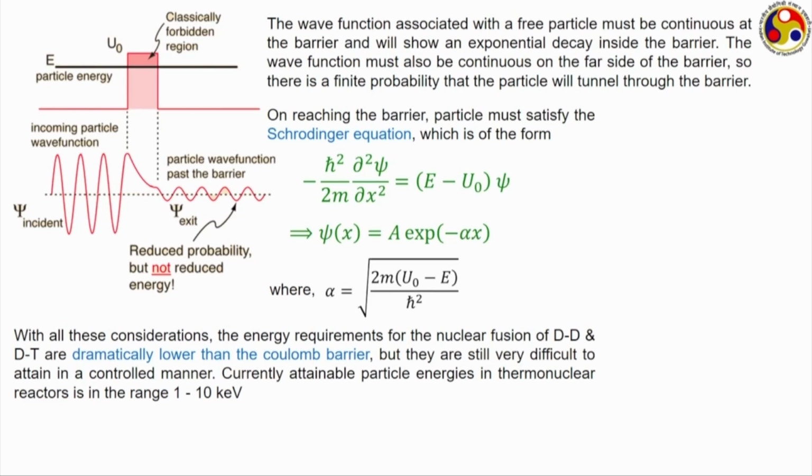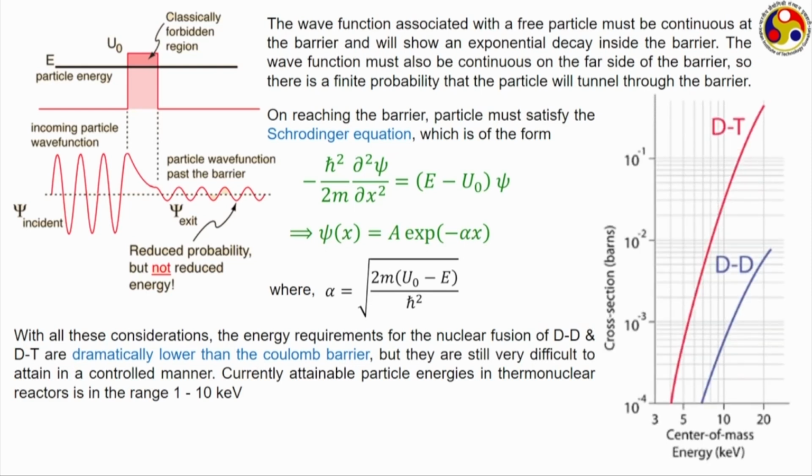Presently the particle energies that we can get in thermonuclear reactors are in the range of 1 to 10 keV, and this is a figure in the center of mass frame of reference. That 1 to 10 keV refers to something in this level, and the corresponding cross section is still quite significant.